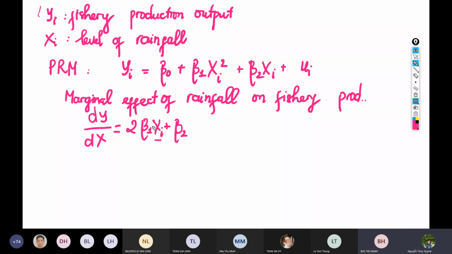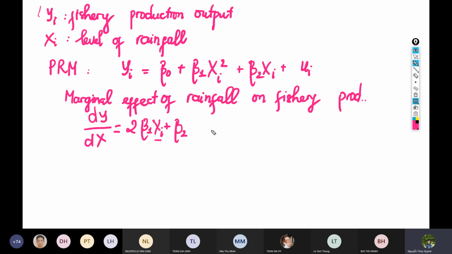So the marginal effect of rainfall on fishery production is also a changing value, not a constant number.